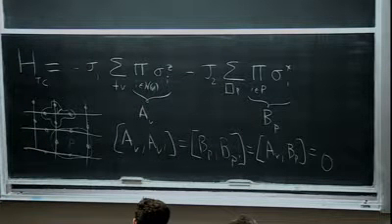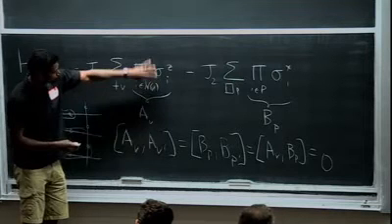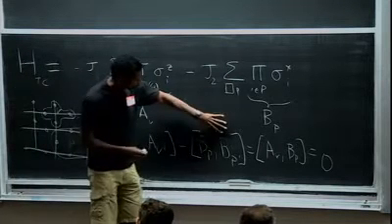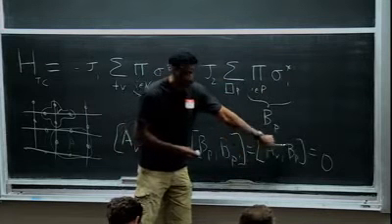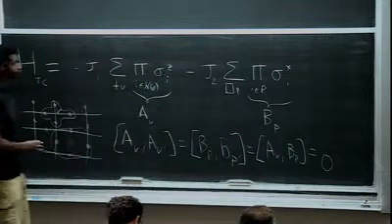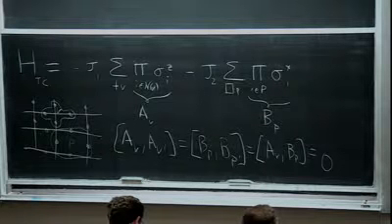The reason that any 2 vertex terms commute is because sigma z's always commute. Any 2 plaquette terms commute because sigma x's always commute. The reason a vertex and a plaquette term always commute is because if the vertex and the plaquette are disjoint, then they'll certainly commute.